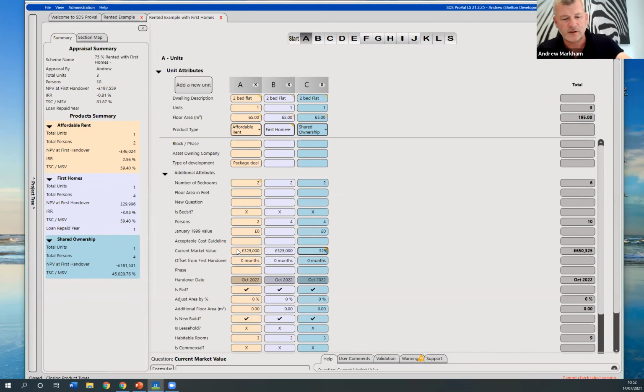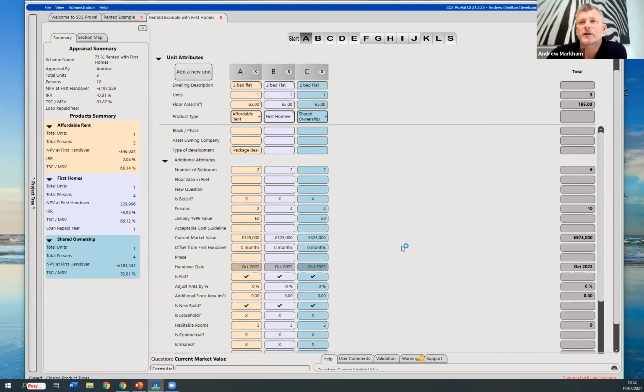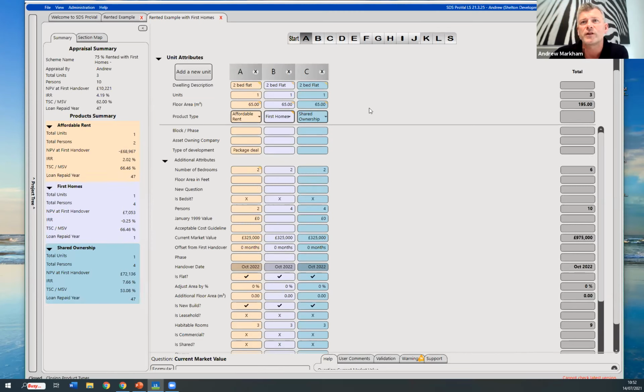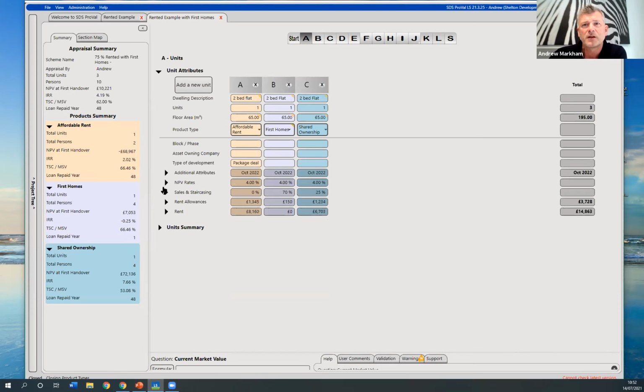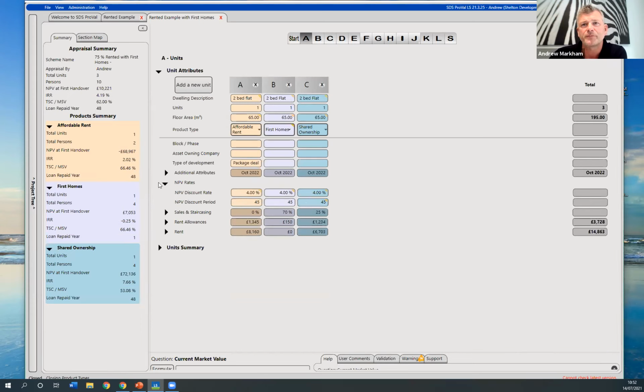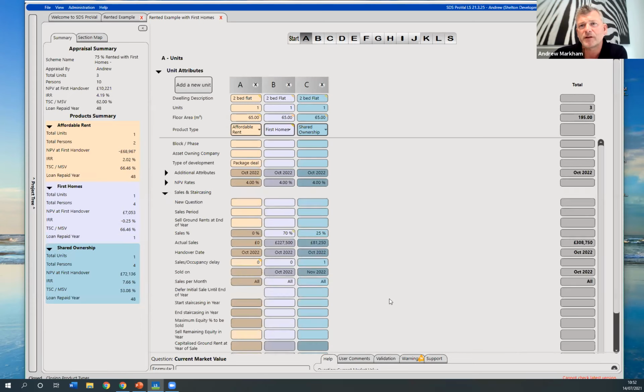So I've got 325 on that. One unit of each, 65 square meters, all two bedrooms. We've got the same kind of NPV and period. And then we've got the 70% on here, which is 225. And then we've got 25%. The audience can say if we want to show 10% and what the rent would be over that period, but I've just gone for the standard 25%.